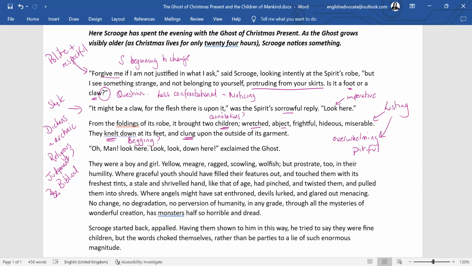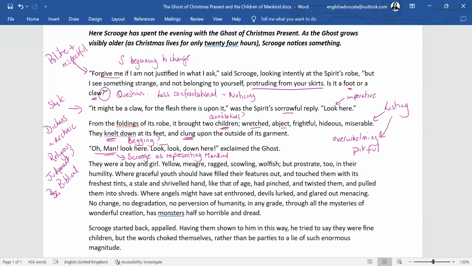And the ghost's reference to "oh man" here uses Scrooge as representing mankind, right? So it's no longer kind of, look, Scrooge, look at this. It's extending it out to look, everybody.